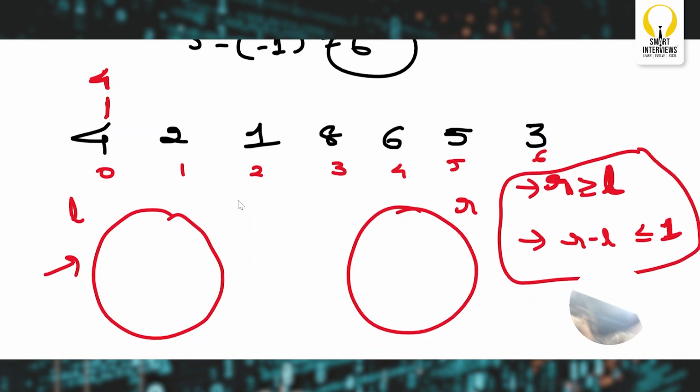Either the number of elements in here and in here should be the same, or the number of elements in the left should be 1 less than the number of elements on the right part. So I'll try to maintain this rule.